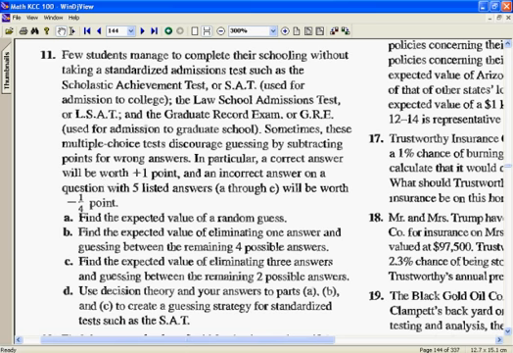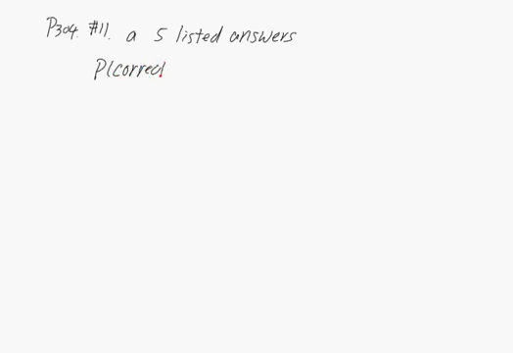Okay, so first let's list all those knowns. Problem 11, page 304. Totally we have 5 listed answers, right? And we have only 2 types of answers, so we have 2 outcomes, correct answer and wrong answers.